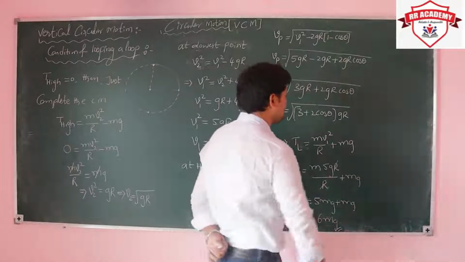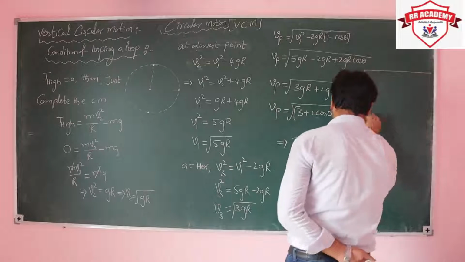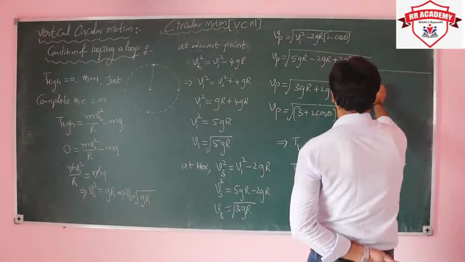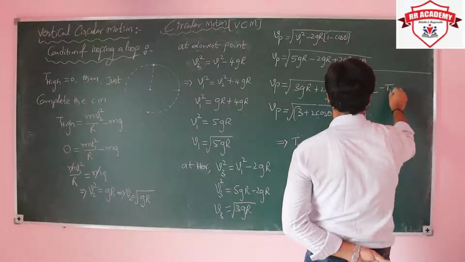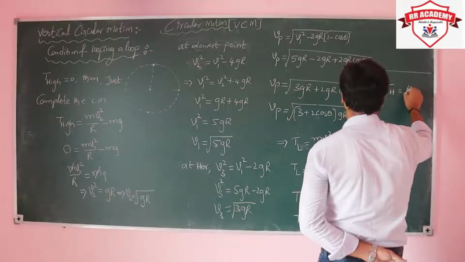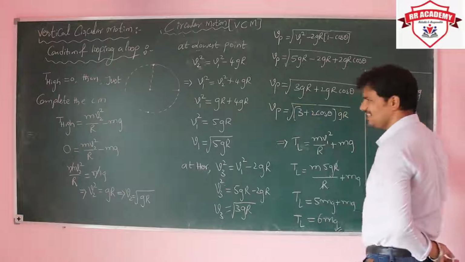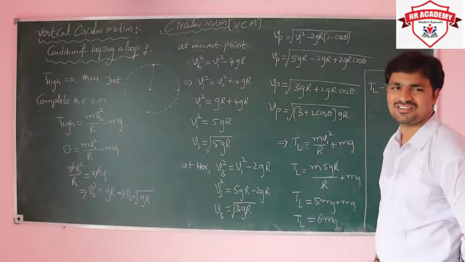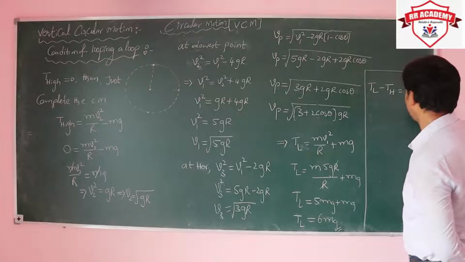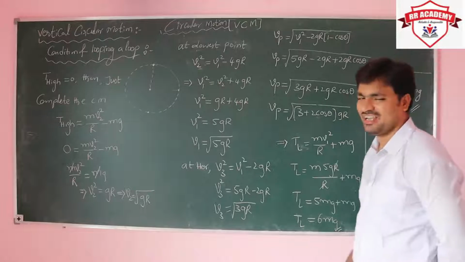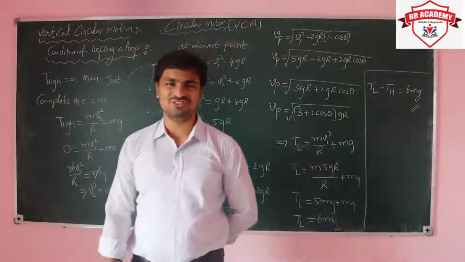Now take the difference from the lowest point to the highest point. The tension at the lowest point is 6mg, and at the highest point it is 0. The tension difference from the lowest point to the highest point is 6mg.